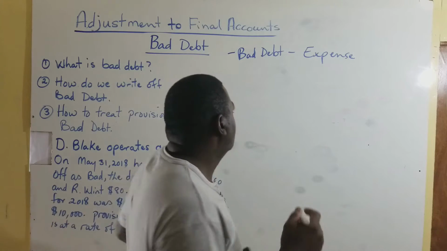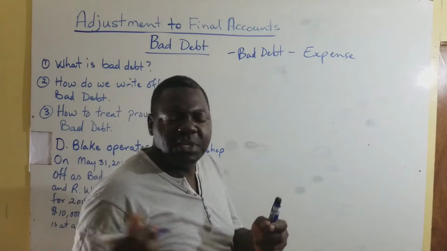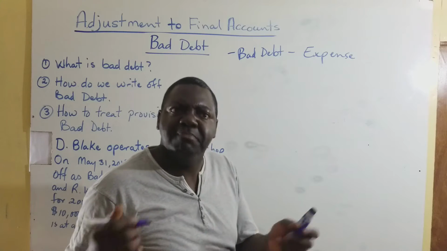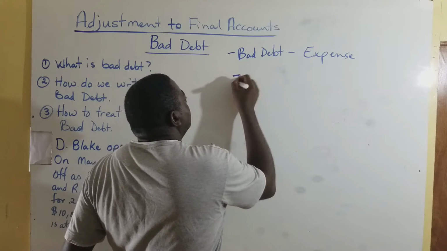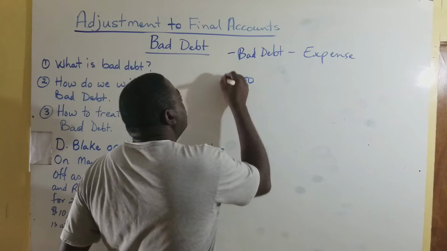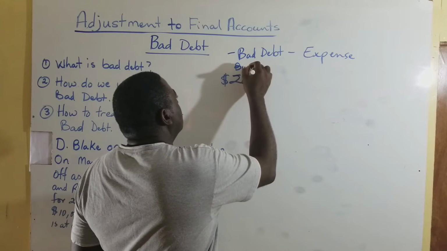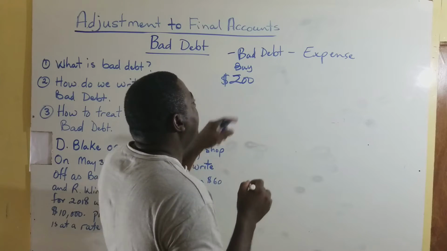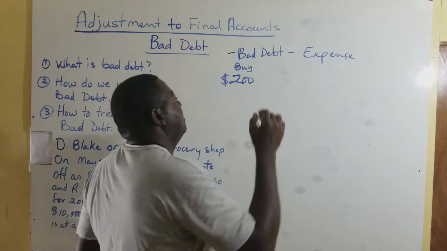Here's what it is. When we buy some goods, let us say we're doing a retail business, buy and sell. We buy something for $200. We spend our money and buy for $200. Right? And then we're intending to sell it at a profit for $300.